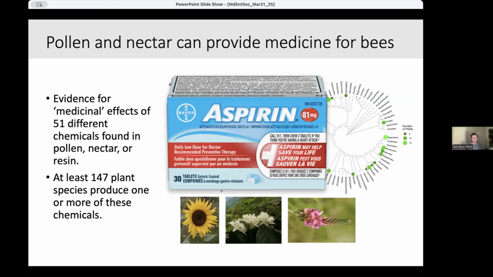And it's not just bees, obviously, that are getting medicine from plants. Many of our most iconic human medicines also have their origin in plants, even if now we may be synthesizing them without the use of those plants.